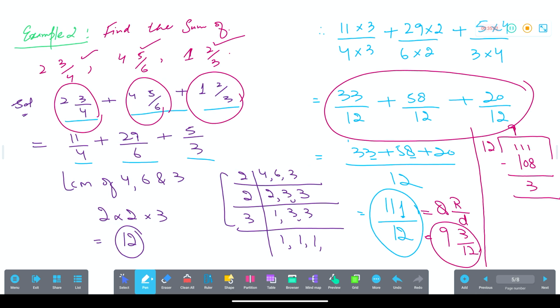I'm making one more slide here. Now we're having subtraction. Now we will learn how to subtract two or more fractions, whether like or unlike.